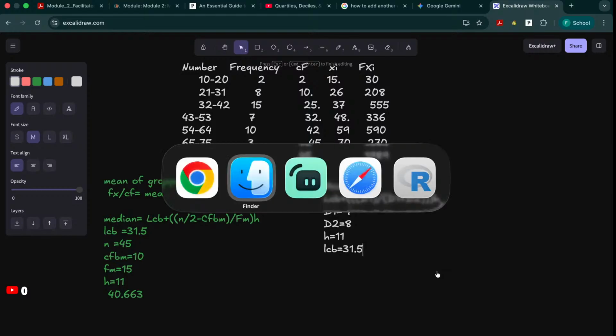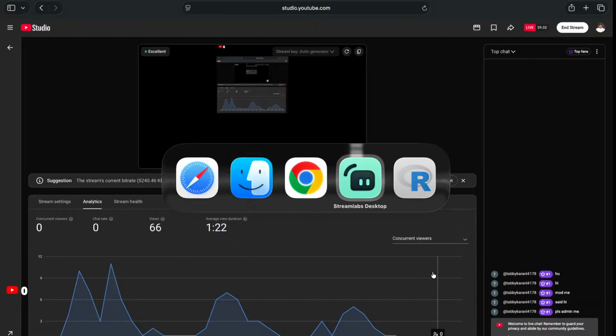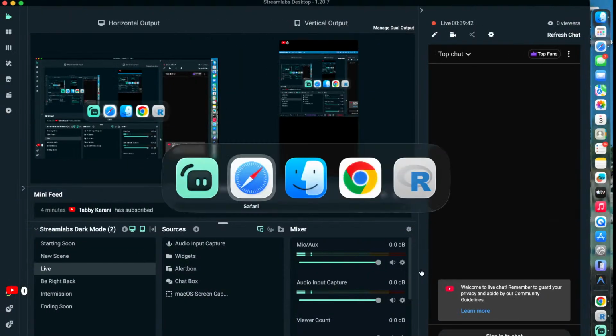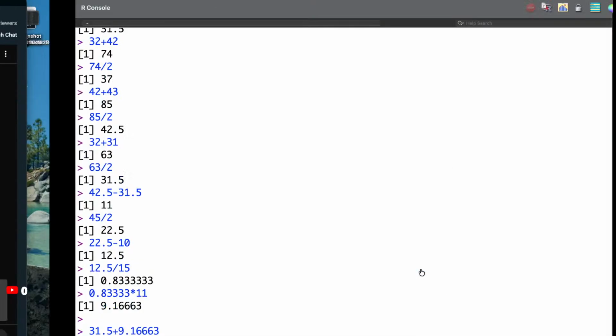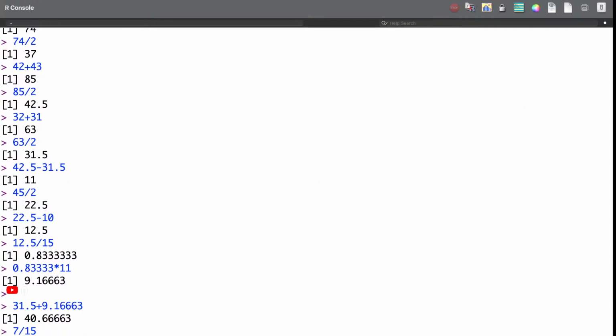So we do 7 over 15. We get 0.467. Then we multiply with 11.